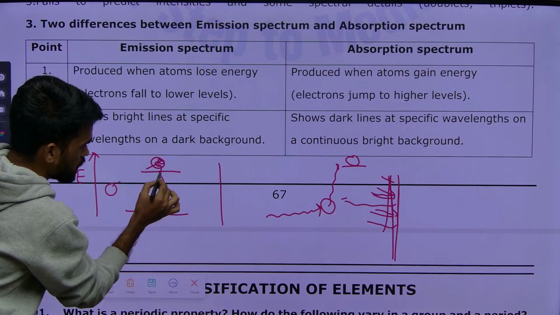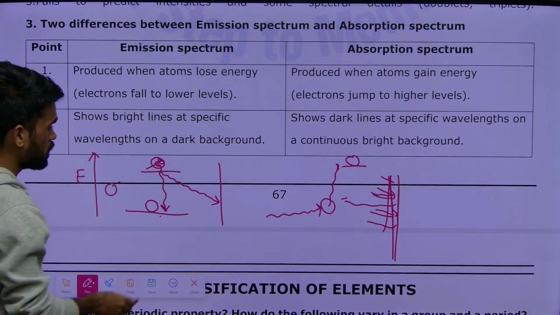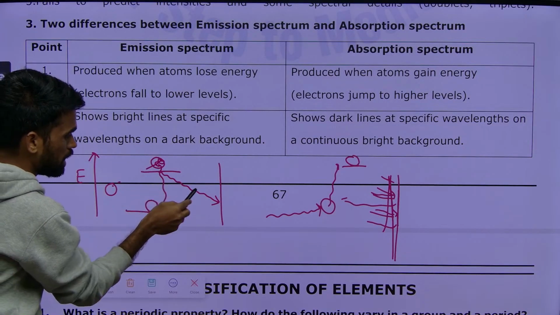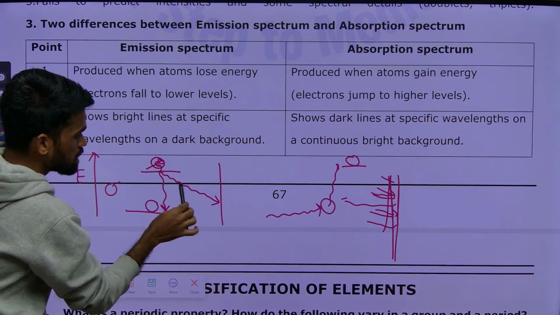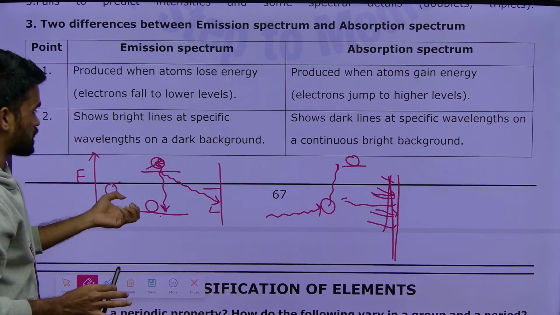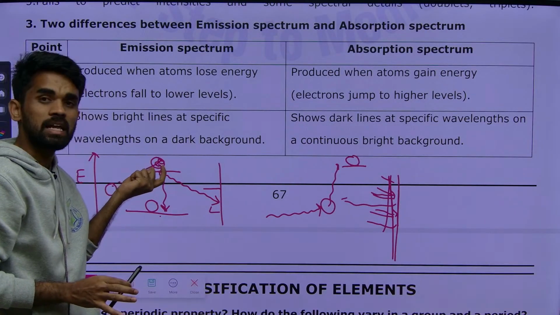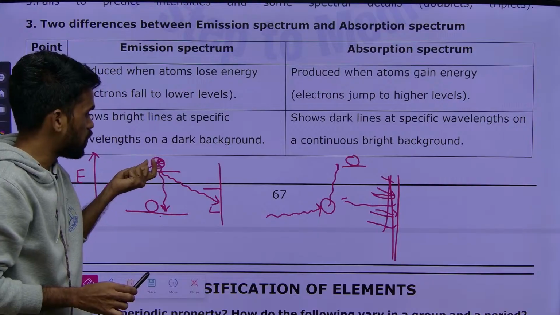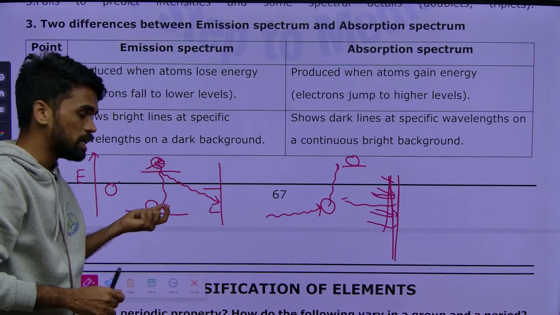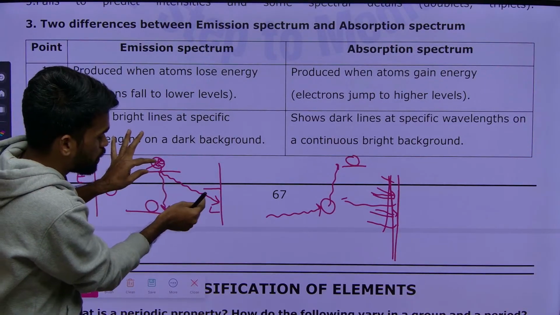Whatever the released energy is, that falls onto this photographic plate. When an excited electron falls into its ground state, it will release some energy, and that released energy will fall onto this photographic plate. Now there is no extra energy. Whatever energy the excited state electron has, when it is falling into its original ground state or lower energy state, the amount which is greater, that will be released.